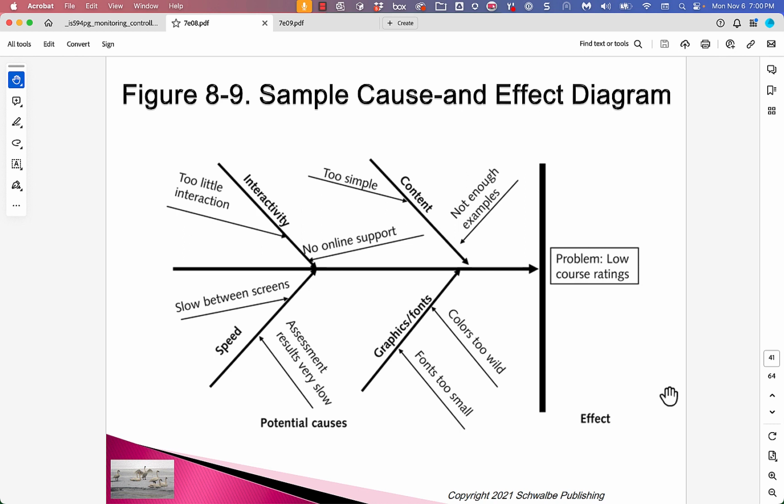The idea here is that we have some effect and we want to look at the potential causes, but then we would either want to come up with the one root cause or we want to have a prioritized list, okay? Because not all things that lead to these kinds of problems have the same kind of impact.